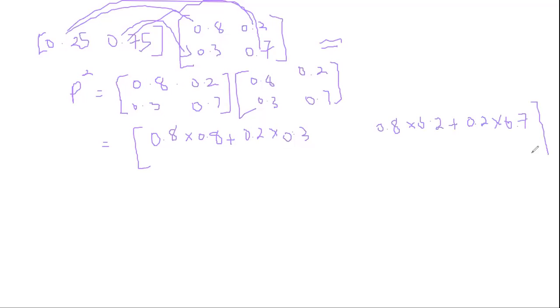Okay, very good. Then for the next row, that will be 0.3 times 0.8 plus 0.7 times 0.3.